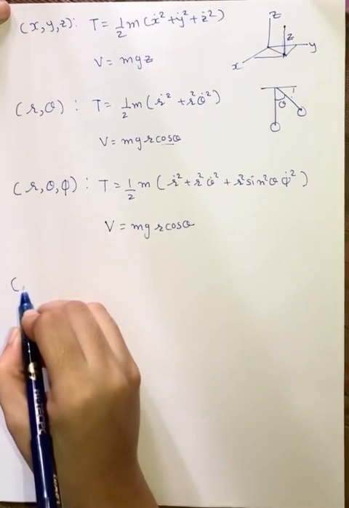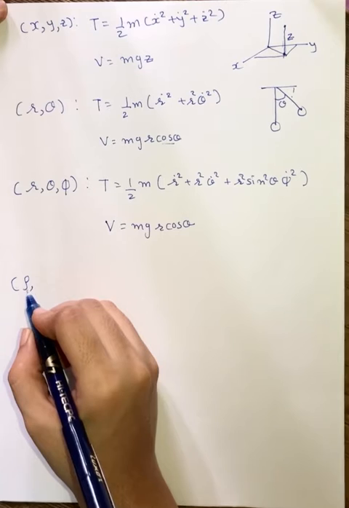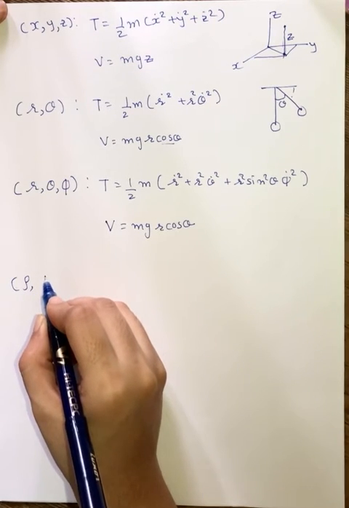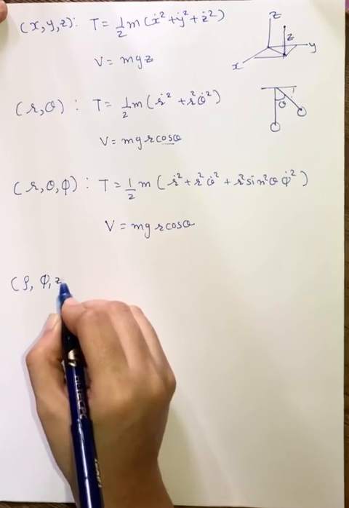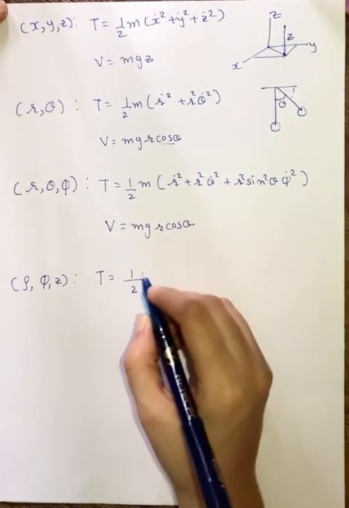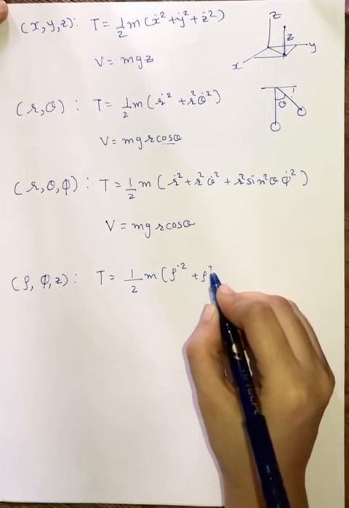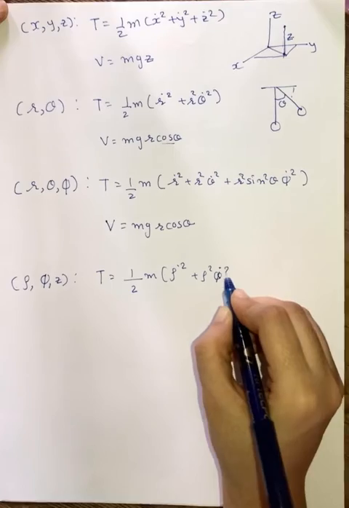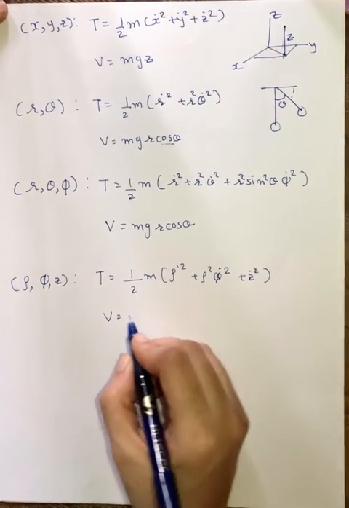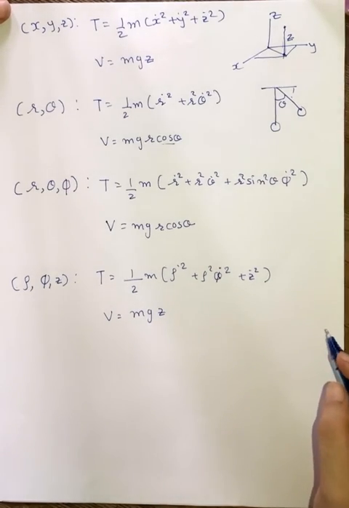Then we talk about cylindrical coordinates, in which we have rho, phi and z. In that case, the kinetic energy would be like this, and the potential energy is mgz.